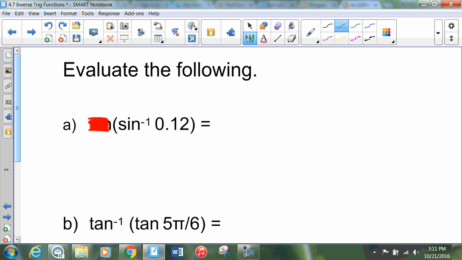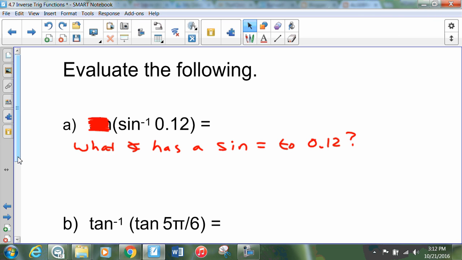So this says, what angle has a sine equal to 0.12, okay? I don't know what angle has a sine equal to 0.12 because I can't use my calculator, but I do know it's a certain angle.